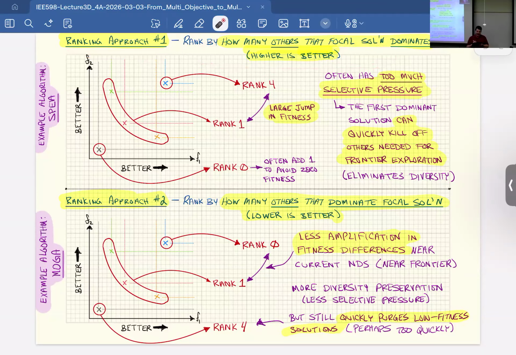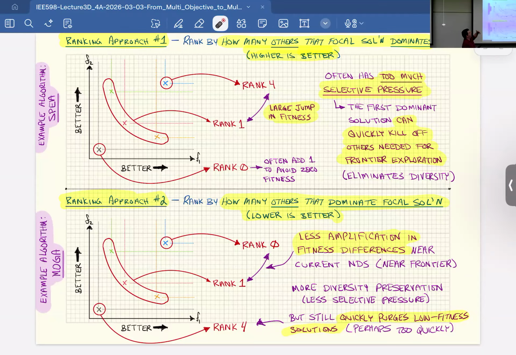The downside of that is it puts so much distance between a non-dominated solution and the next tier of solutions that it creates a really high selective pressure for those that are currently the best estimates of the Pareto frontier, the best estimates of the non-dominated set. So it's great in that you very quickly can find non-dominated solutions, but you purge diversity from your system.